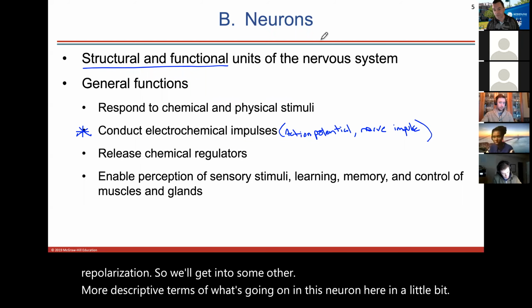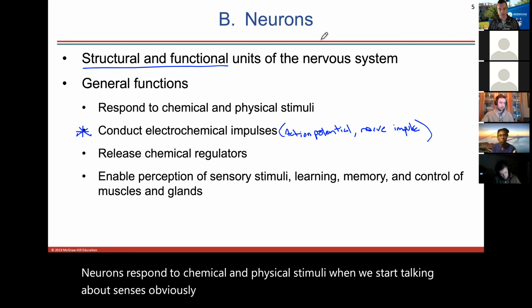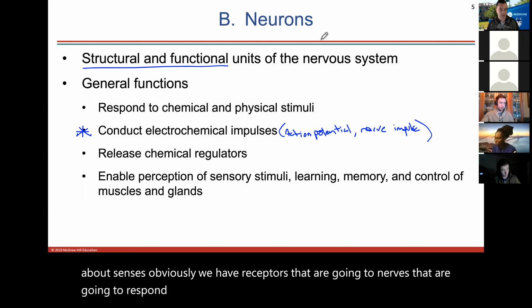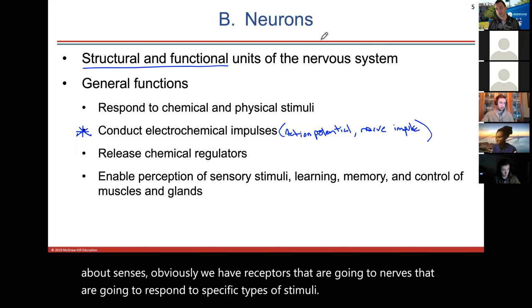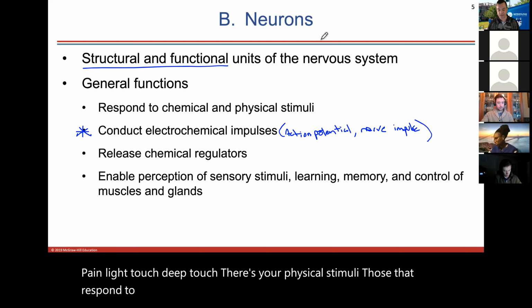Neurons respond to chemical and physical stimuli. When we start talking about senses, obviously we have receptors that are going to nerves that are going to respond to specific types of stimuli. Pain, light touch, deep touch, there's your physical stimuli. Those that respond within the special senses are taste sensations, okay? Responding to various different chemicals.